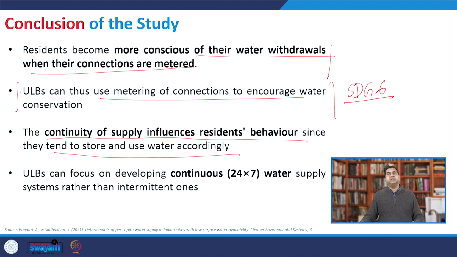So this is a concept you can try to understand now: if you have continuity and you know that whenever you open the tap you will get the water, you don't need to store the water, right? But in the absence of continuity, when you have intermittent supply, you are not very sure whether tomorrow you'll get the water or not.